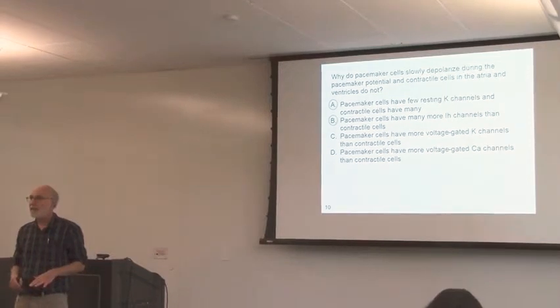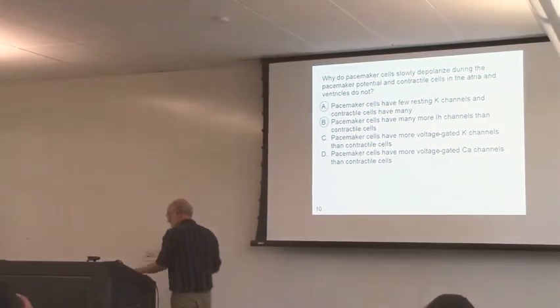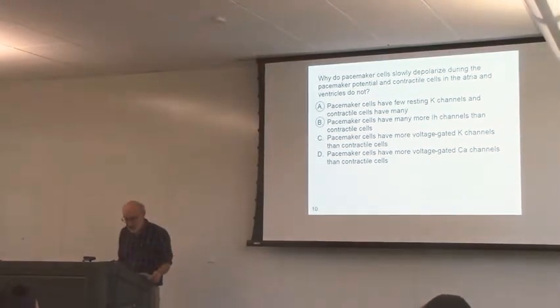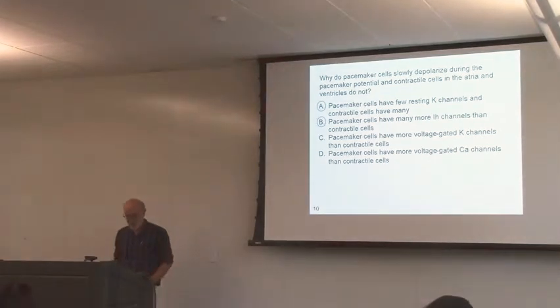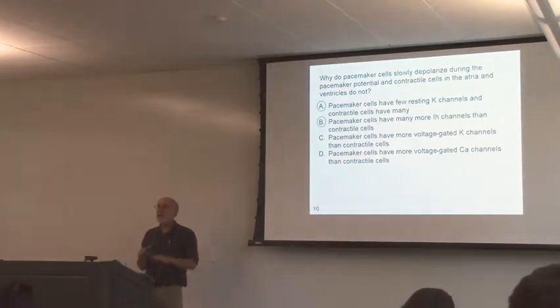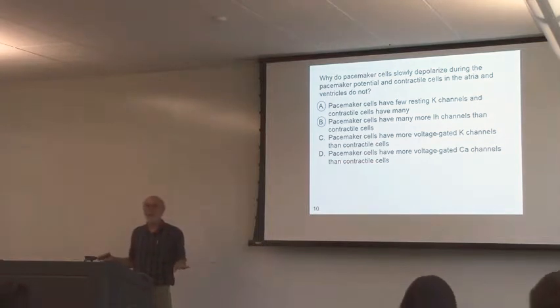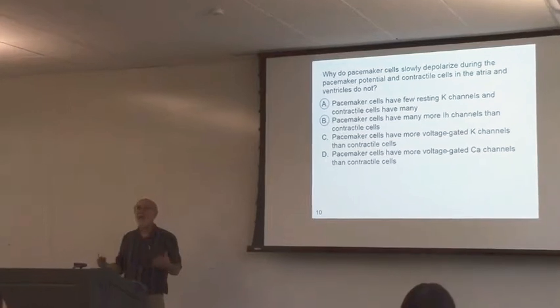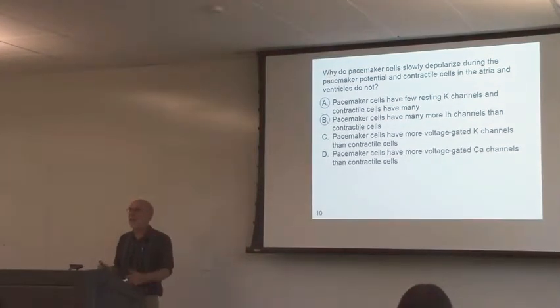Ventricular myocytes, if we look at the action potential, which is slide 17, the upper left-hand corner of figure 3, the action potential starts at a very negative resting membrane potential. It's extremely negative because they have a lot of resting potassium channels.